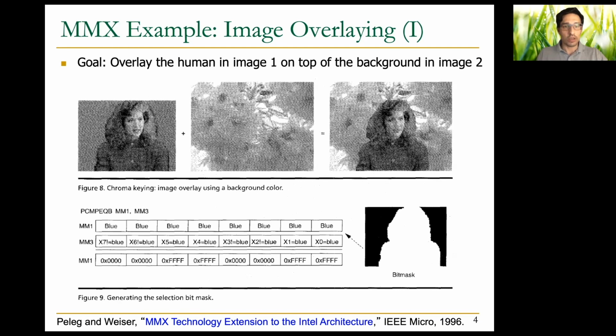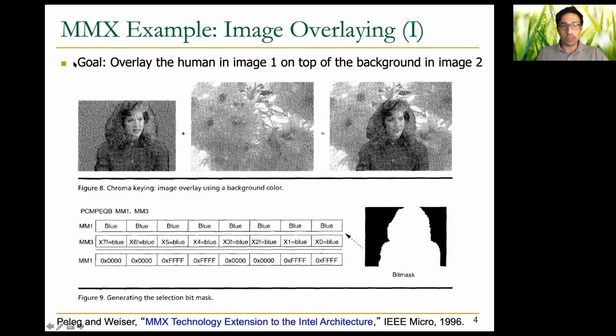The goal here is to do what is called chroma keying, overlaying an image and a background. It's a relevant example because these MMX extensions were called multimedia extensions, as they were originally devised for multimedia applications.